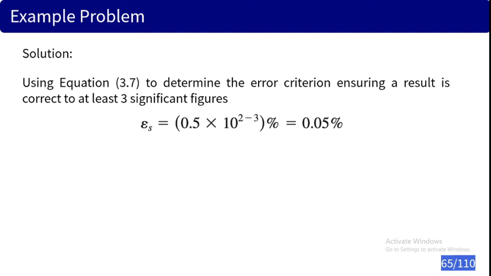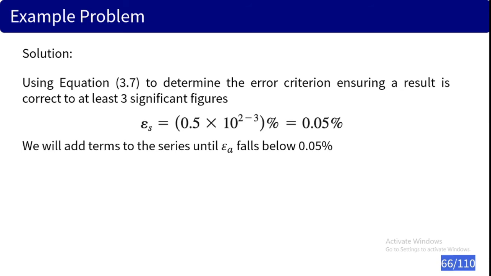Substituting 3 for n in that formula, we get an error of 0.05%. Once the error in our iteration falls below 0.05%, we terminate our computation. Next, we add terms to the series until the approximate error falls below 0.05%.